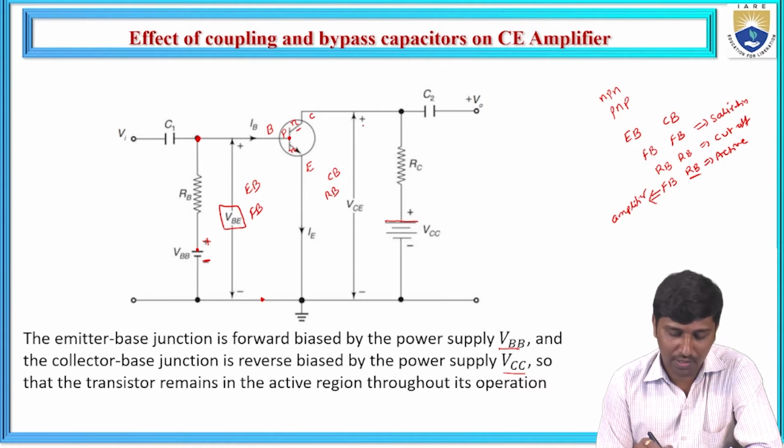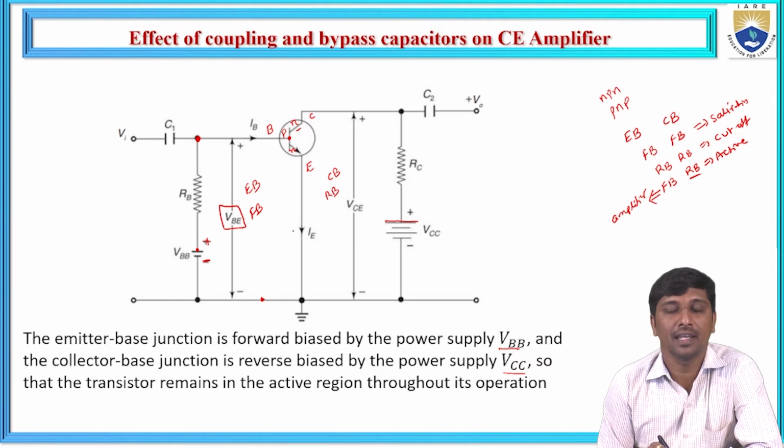One more is placed to maintain a proper Q point irrespective of temperature variation in parameters like beta, reverse saturation current, or the input current, that is the base current. To stabilize that, we use the self bias configuration. In self biasing, we use an emitter resistance, and across that emitter resistance we also use a capacitor. We'll discuss later the importance of those capacitances at the input and output side.